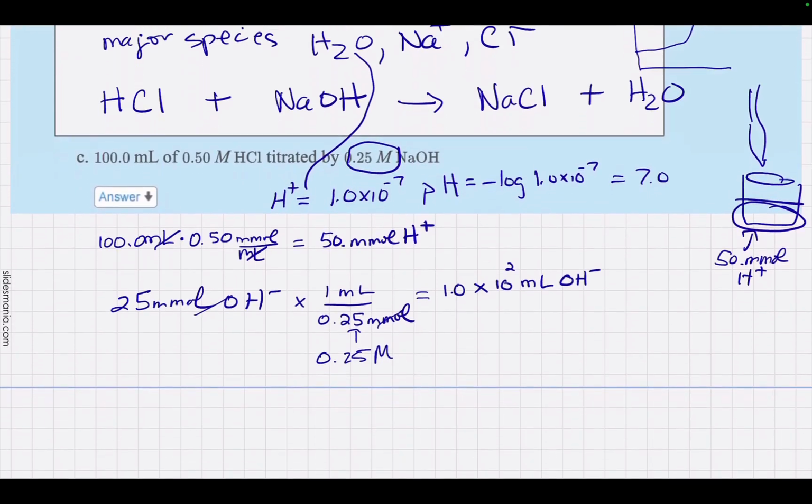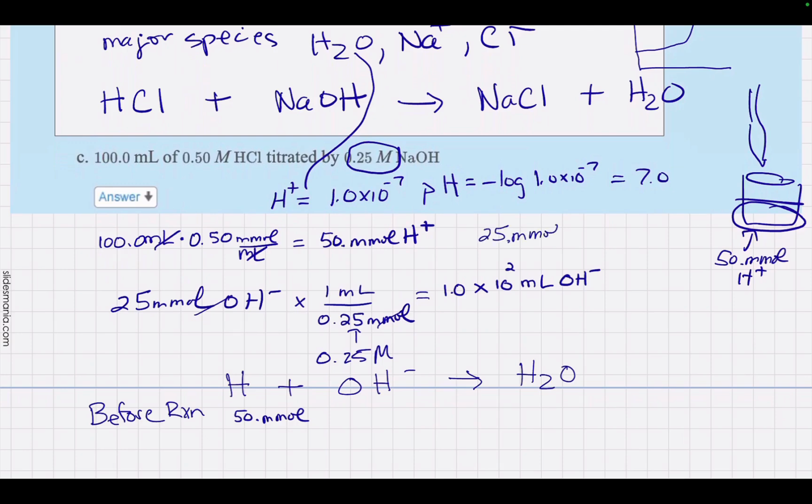So now we're going to look at the net ionic reaction for any strong acid and strong base, and at what we have before anything reacts. Before anything reacts, we have those 50 millimoles of hydrogen ions, and now we know that we have half of that, so 25 millimoles of hydroxide ions at the halfway to neutralization point.